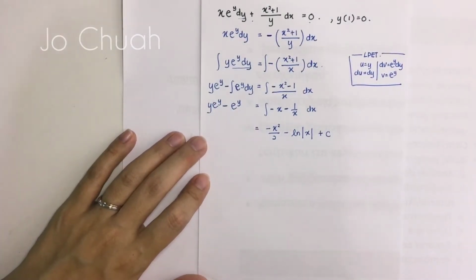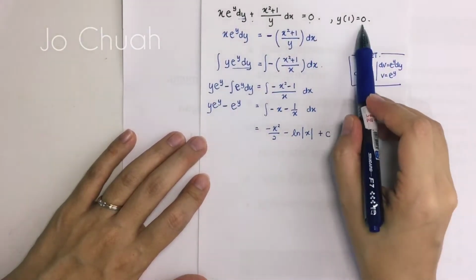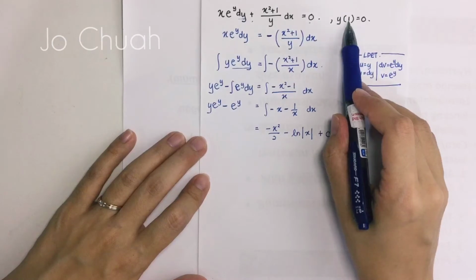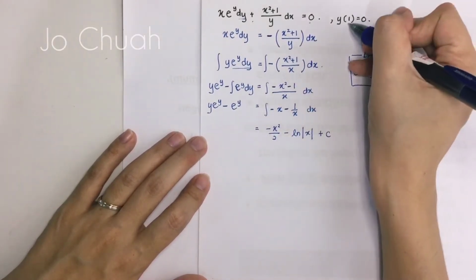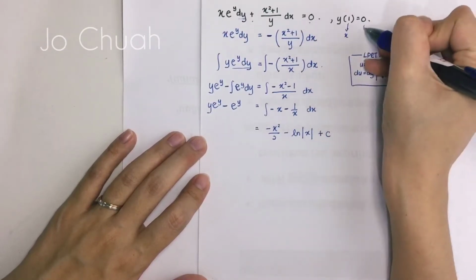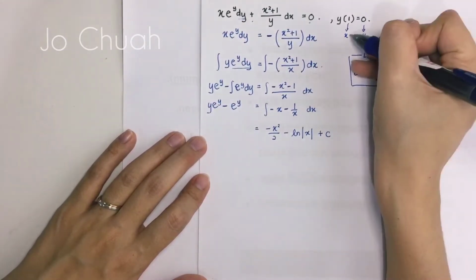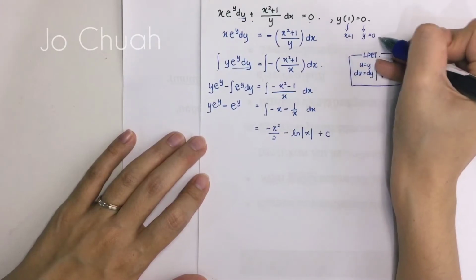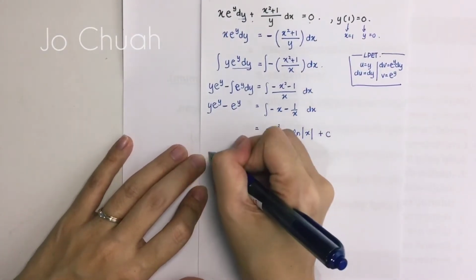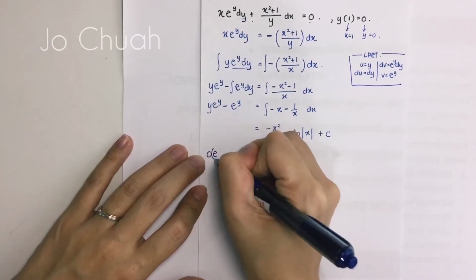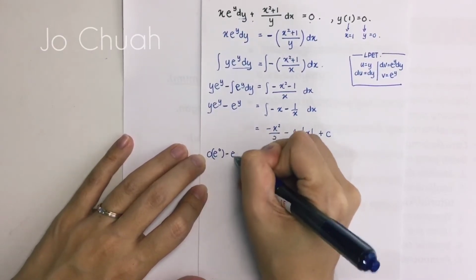Students are always confused when they have this kind of condition where they will put y as 1 and this is x, which is actually not the case. This is actually the x and this is the y. So x is 1, y is 0. So you're just going to show the substitution here. So 0, e^0 minus e^0.